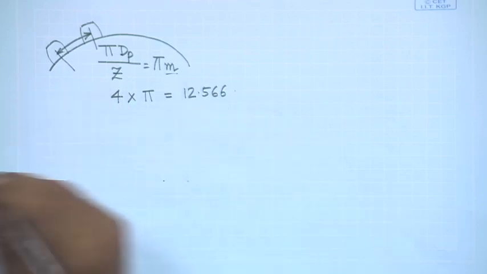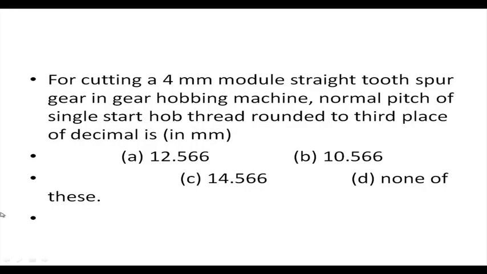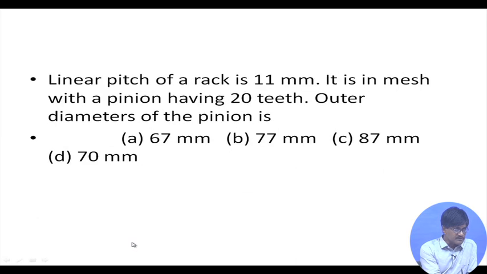So, if we come back to the question now, the options are 12.566 millimeters, 10.566, 14.566, none of these. Therefore, A, 12.566 is the correct answer, the normal pitch of a single start hob thread. Once we have understood this one, let's move on to other questions.